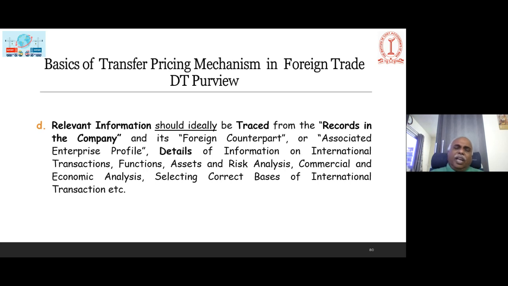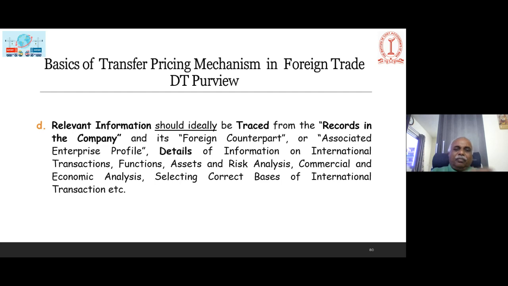Not only that, relevant information should ideally be traceable. Once you are the person who is preparing or analyzing, or once it is brought to the notice of the tax authorities or revenue authorities, proper records of the company are needed, particularly with regard to the transfer of products from one entity to another in the group of companies, particularly foreign counterparts, along with details of information on international transactions, functions, assets and risk analysis, and commercial and economic analysis.